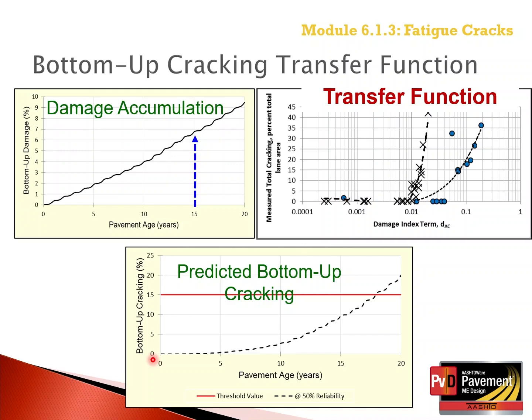The transfer function is then used to convert the fatigue damage to a measured cracking value. The amount of fatigue damage is then displayed by fatigue cracking predicted over time throughout the design life.